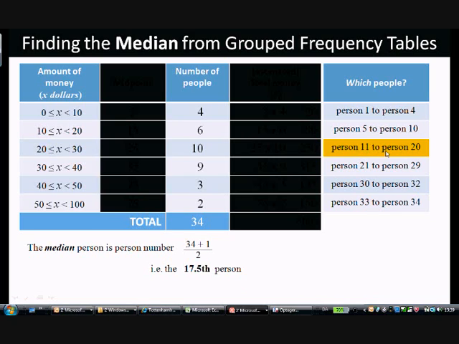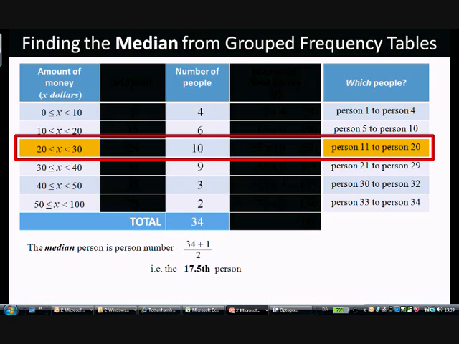He's in that group, person number 11 to person number 20. And that group is for people with $20 to $30. So the median group is that one because it's got the middle person in it. So you can just write that down.